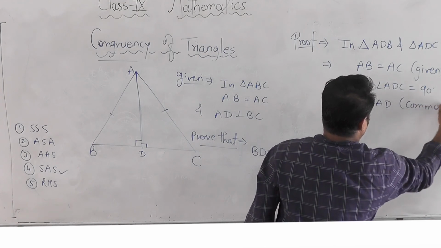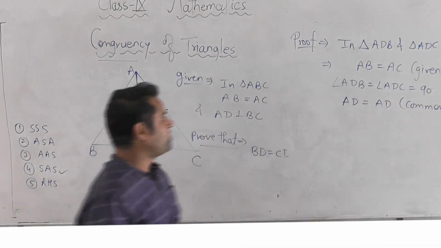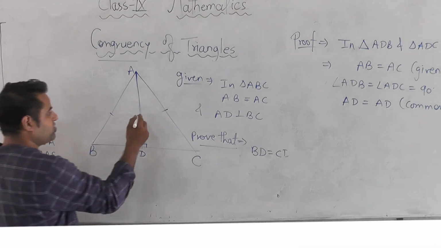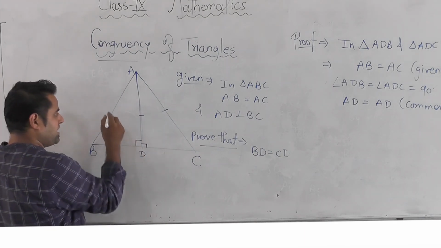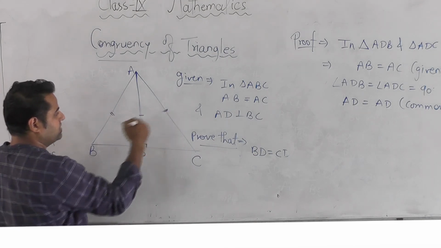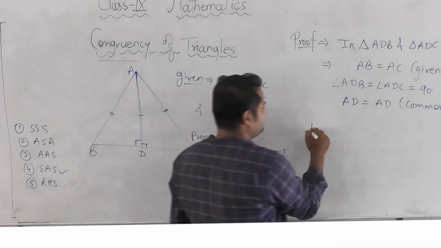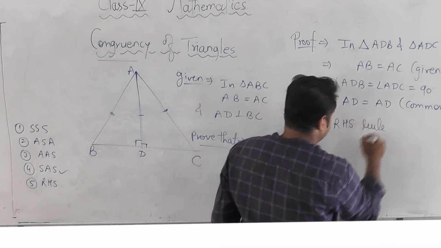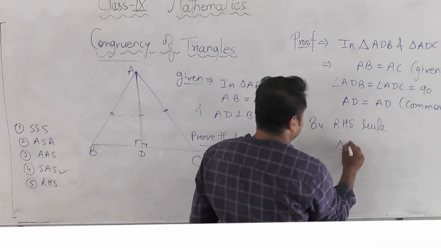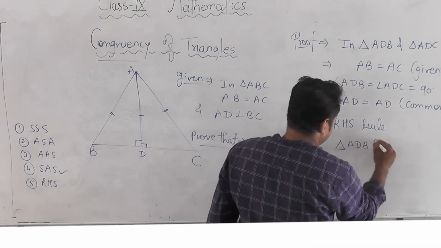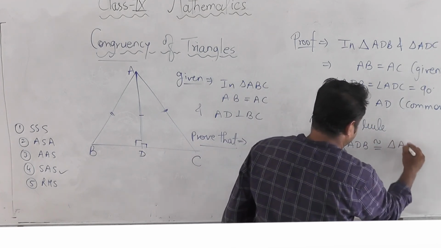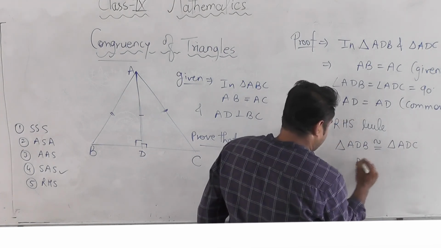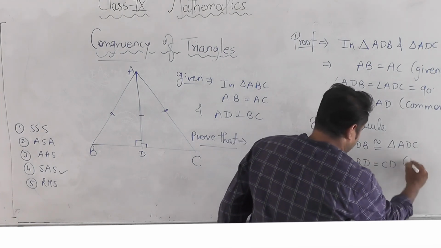So which property can we apply? As you can see, this side is common, this angle is 90, and the hypotenuses are also equal. So we are applying the RHS rule here. By the RHS rule, we can say that triangle ADB is congruent to triangle ADC, and by congruency we can say that BD is equal to CD.